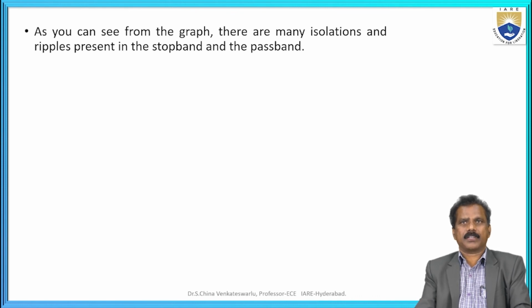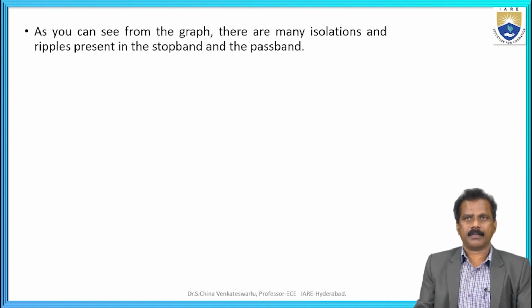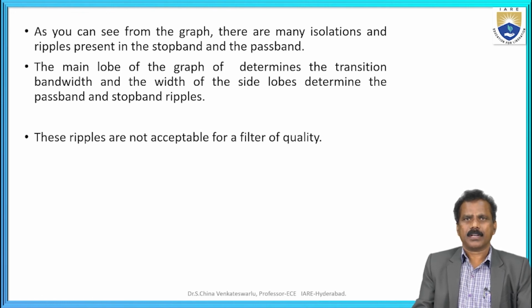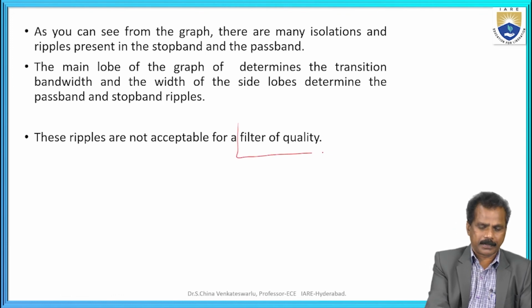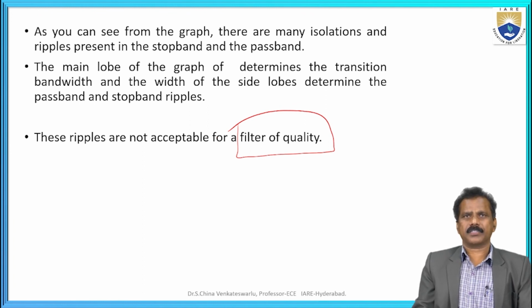As you can see from this graph, there are many oscillations and ripples present in the stop band and the pass band. The main lobe determines the transition bandwidth, and the width of the side lobes determines the pass band and stop band ripples.